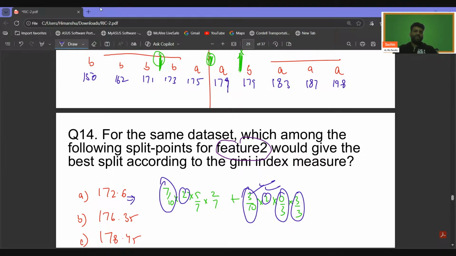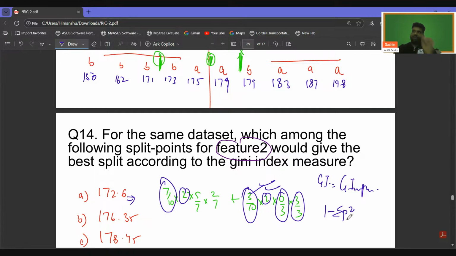Okay, so let me just help you out over here. I hope you remember, the Gini index is similar to what we have as Gini impurity. So what we need to do is 1 minus p squared, where p is the probability of each of the classes we are talking about.